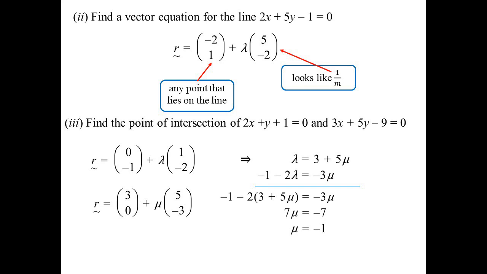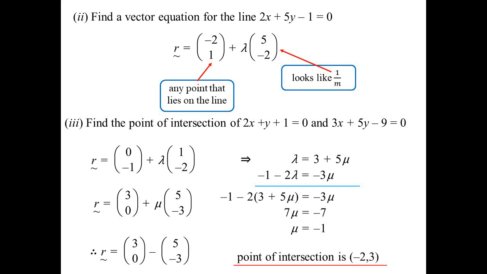So I end up with mu equals -1. So I now know mu is -1. I can just sub it back in. Well, it makes sense to use the second one there. So it's going to be (3, 0) minus (5, -3). So my point of intersection is (-2, 3). Is that quicker? I suppose it depends on the numbers. Oh, you still have to solve something simultaneously to get it.